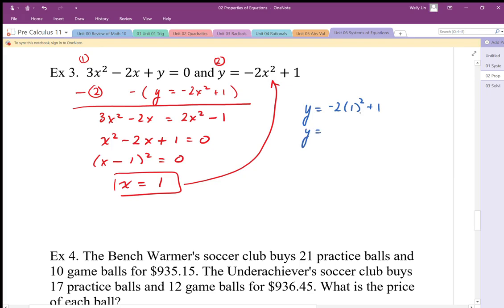So y is equal to negative 1. So there's my solution for x and y. So if I plugged in x, I'm going to get negative 2 plus 1 is negative 1. X is 1, so that's 3 minus 2, that's positive 1. Y is negative 1. 1 minus 1 is 0. Okay, so it does work.